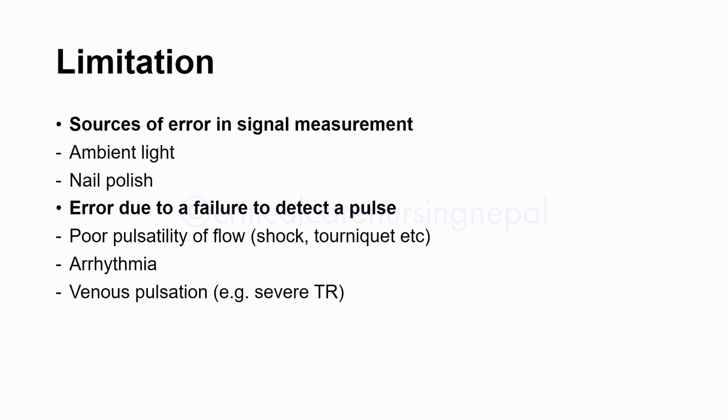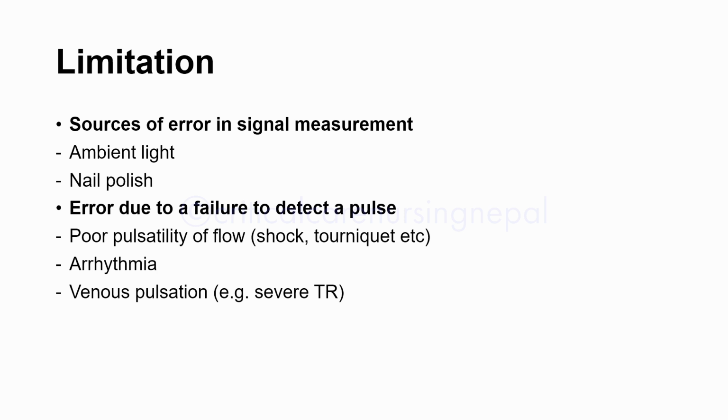This is a huge error in shock, on high-dose vasopressors, or during hypothermia. Peripheral pulses are weak. The device can't find the arterial signals, and the result is no reading or a falsely low one. In that case, try the ear or forehead or just get an ABG done.